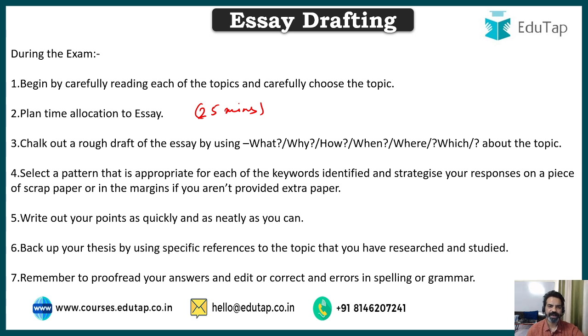Now, before you write your essay, chalk out a rough draft, guys. You must have heard of these 7 W's. They help you find important points about the topic. For example, if you're writing about the economic growth of India: what are the challenges that India has faced with regard to economic growth?